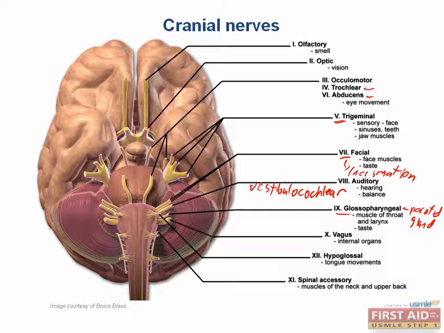It also mediates taste from the epiglottis region, swallowing, and palate elevation. The accessory nerve, cranial nerve 11, is a pure motor nerve, and it mediates the sternocleidomastoid as well as the trapezius. Lastly, the hypoglossal nerve is also a pure motor nerve, and it mediates the muscles of the tongue.